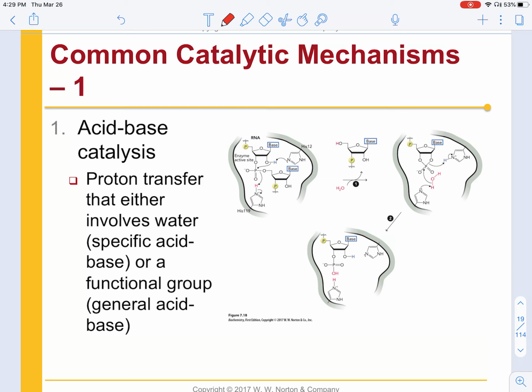And so there are three ways that we're going to talk about in terms of enzyme dynamics. There's acid-base catalysis, right? So that obviously involves the transfer of a proton. So you use one of these ionizable hydrogen residues in order to drive a reaction.